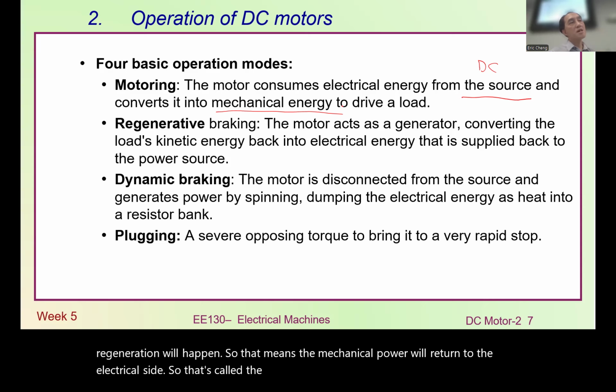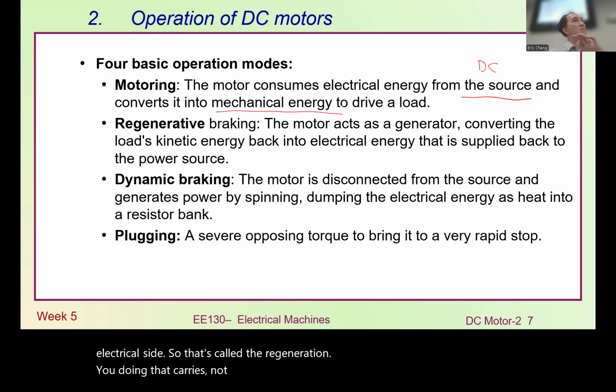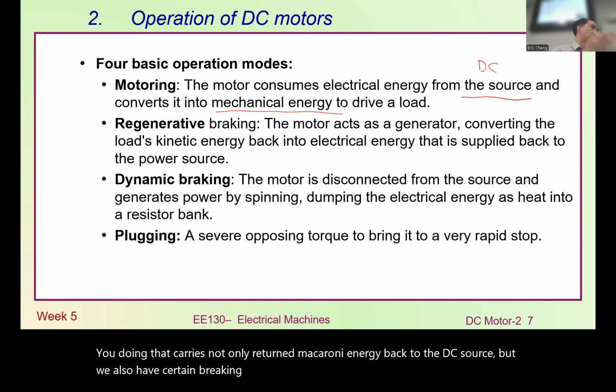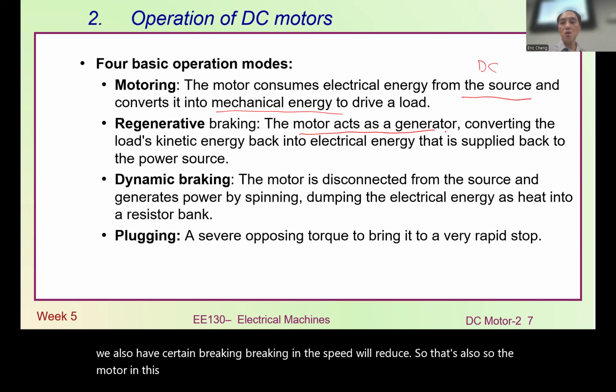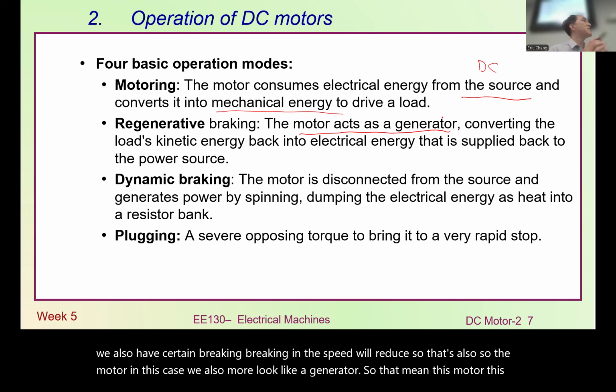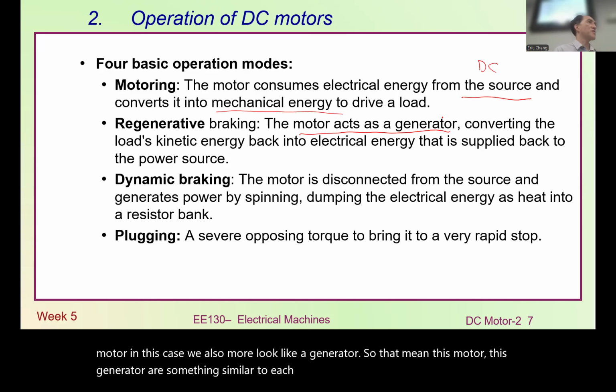In that case, not only do we return the mechanical energy back to the DC source, but we also have certain braking. Braking means the speed will reduce. So the motor in this case will also look more like a generator. So that means a DC motor and a DC generator are similar to each other, actually the same kind of machine.